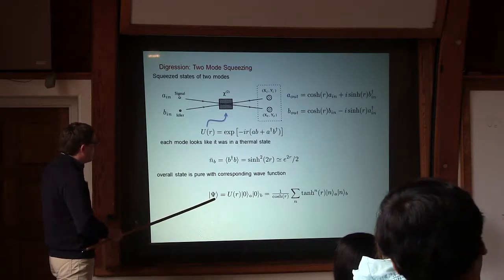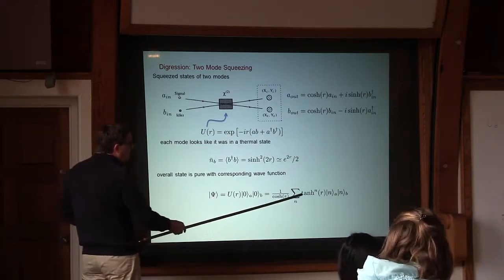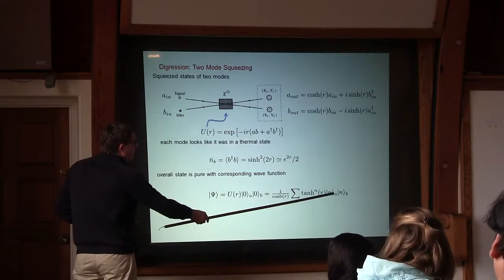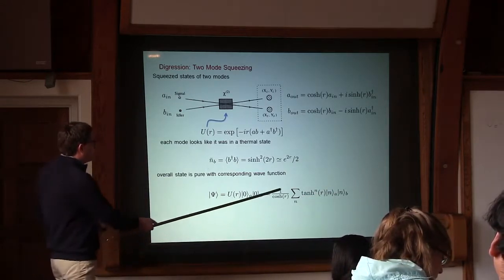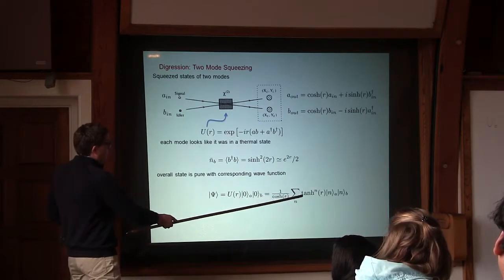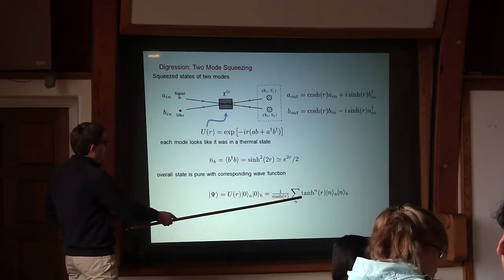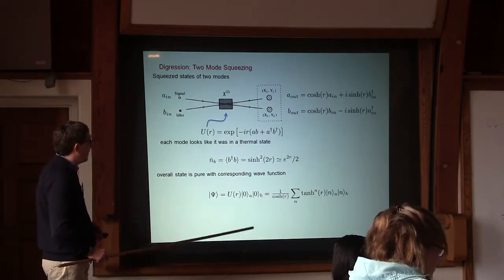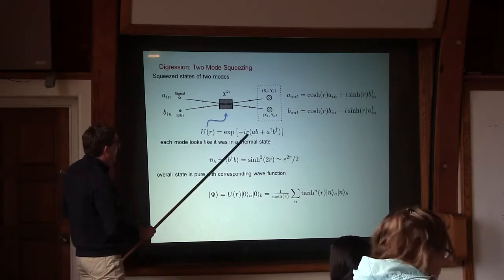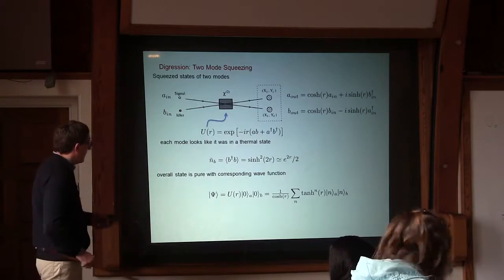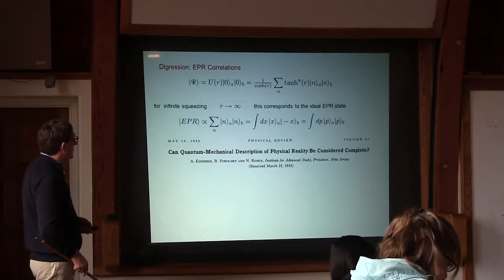So the resulting state is of course pure, and it is given by this equal superposition of Fock states in each of those modes, weighted with this coefficient tangent hyperbolic to the power n, depending on r, where r depends on this unitary transformation.